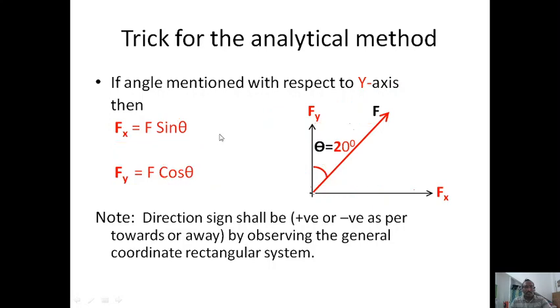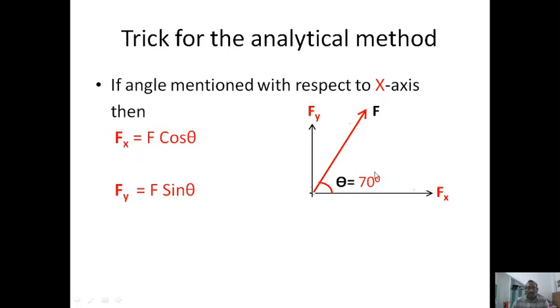You see the differences between both figures. Here Fx is F sin theta, in this figure Fx is F cos theta. So cos and sin are changed according to the theta position.